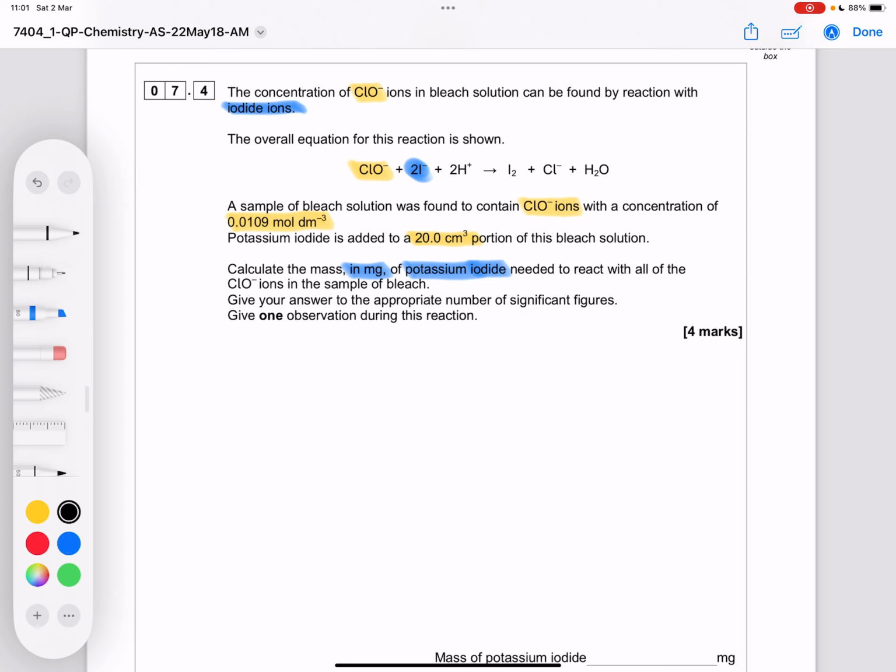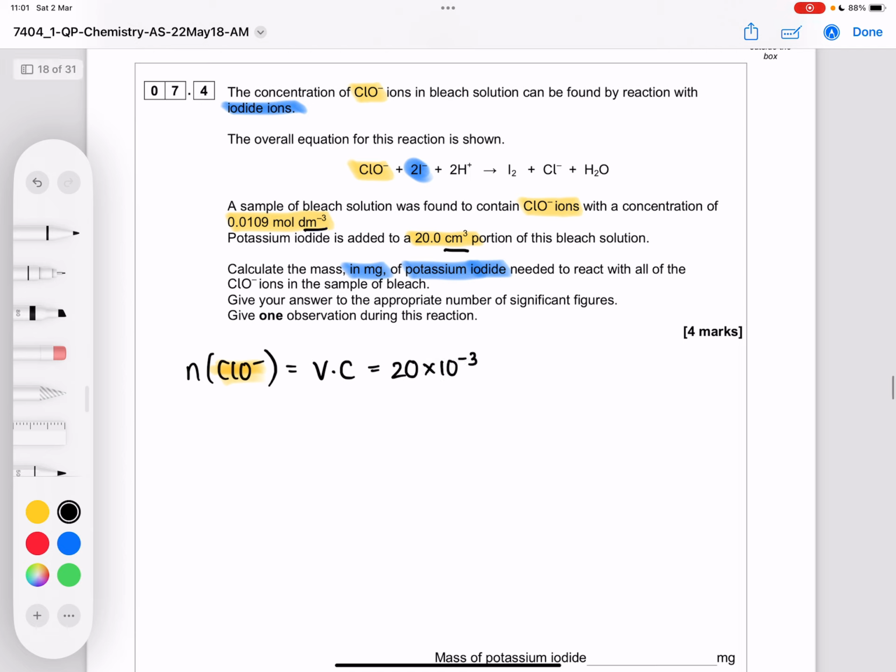So let's start with what we've got. We can do the moles of the chlorate ions because we've got a volume and a concentration. Moles are volume times concentration. The volume is 20, but notice centimetres cubed, and the concentrations are in per decimetre cubed.